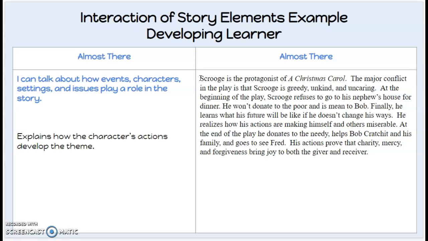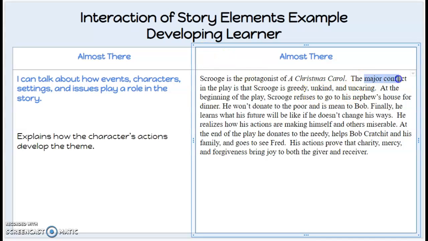So we can tell that this example is much more developed than the beginning level learner. However, we are not at the distinguished learner level just yet. We see in this example that the student was still able to identify the major conflict.